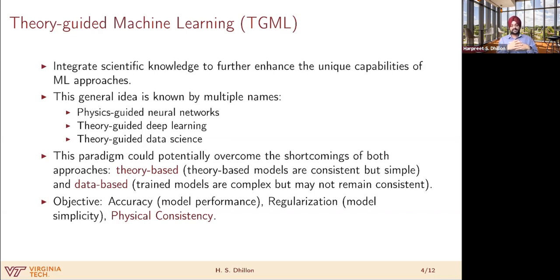The second is that you should not use a more complex model than you have to, and that's where the ideas of model simplicity, regularization, soft model selection and so on come into the picture. Now, in theory-guided ML, there is a third objective that gets added, which is physical consistency. We want our trained models to also comply with the physical laws.